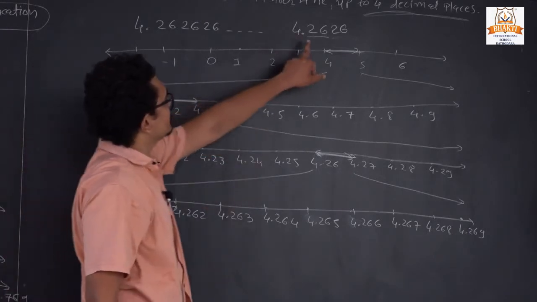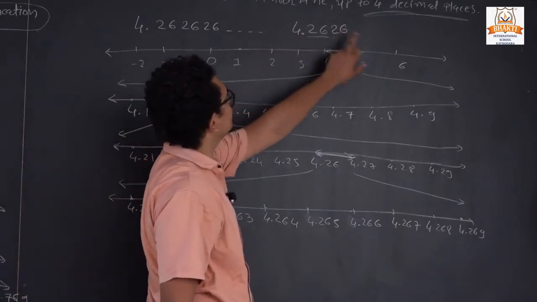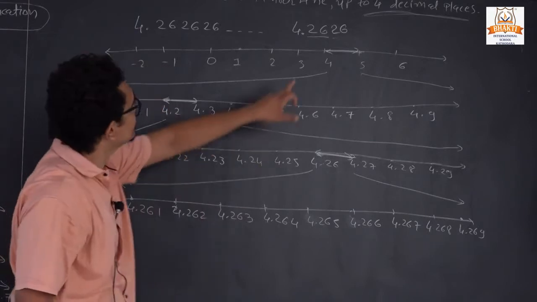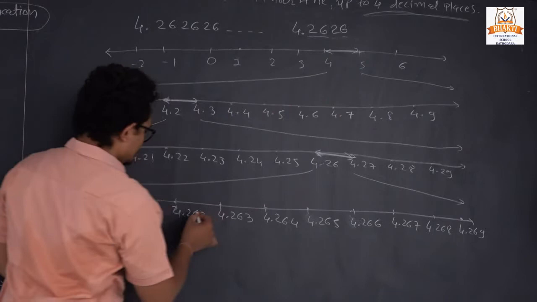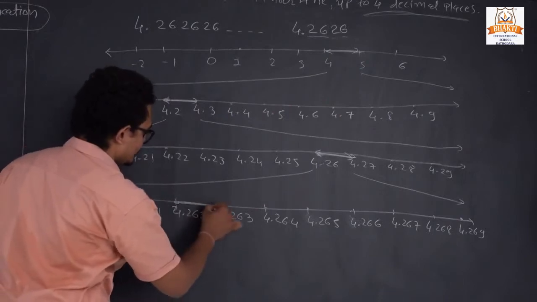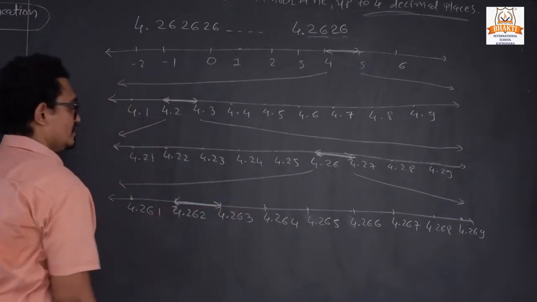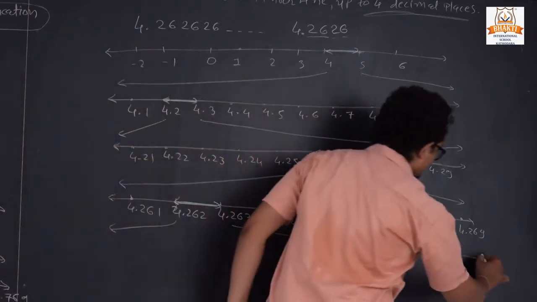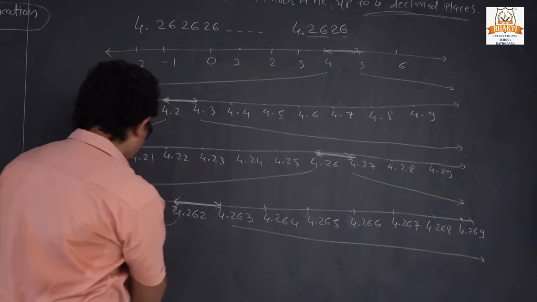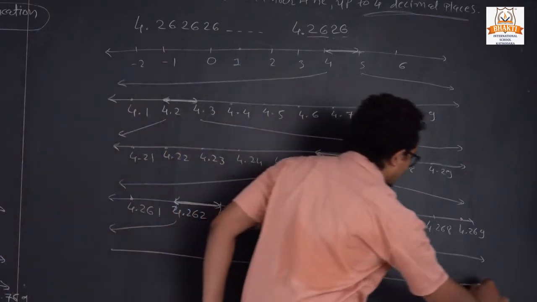Then the next digit is what? See, 2626. Here we can see 262, and then it will be the 6. So it is between these two numbers. So finally we represent that number on our number line.